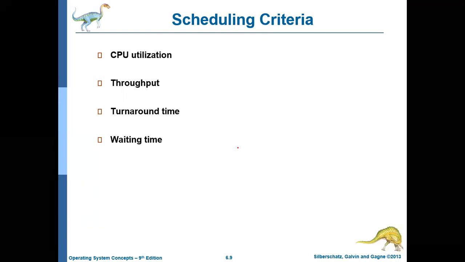Because a process normally spends time either executing, that is the process is running, or waiting for IO when an IO operation is being performed, or in the ready queue.